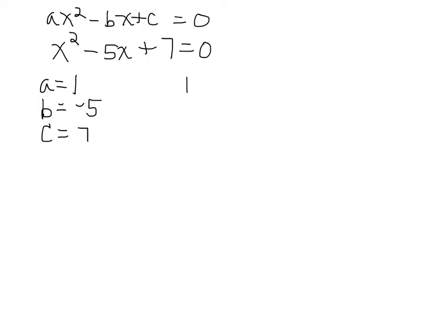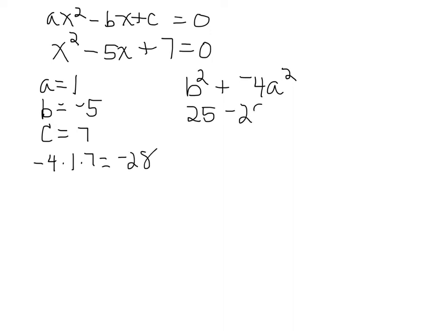To plug it into the discriminant, I say b squared, that's 25, and then under here I'm going to say negative 4 times 1 times 7. So this is negative 28. That is equal to negative 3, and since the discriminant is negative, that means there are no solutions.